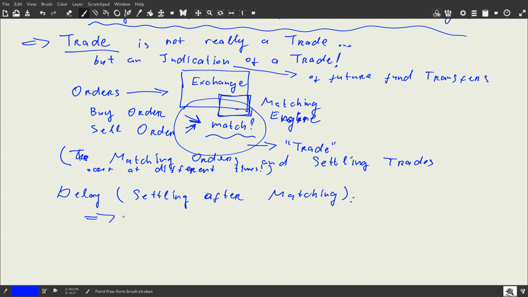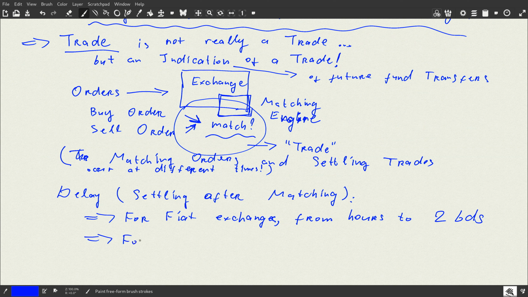For fiat exchanges, this delay is from hours to, let's say, 2 business days.